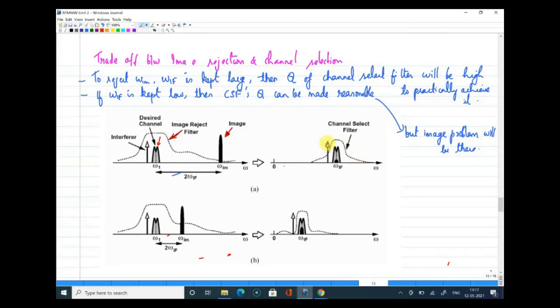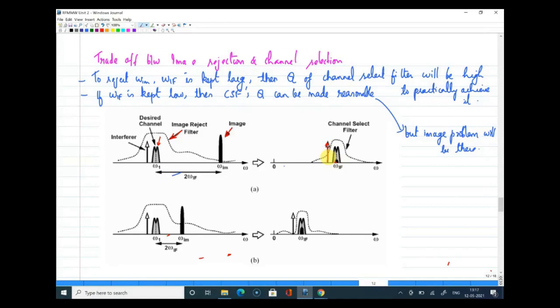That will result in leaving some of the interference within that, right? If you look at the image, it is very less there, but the interference is not completely removed because of the high requirements of the channel select filter.